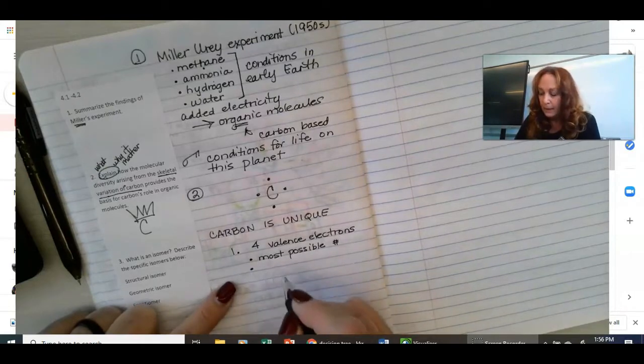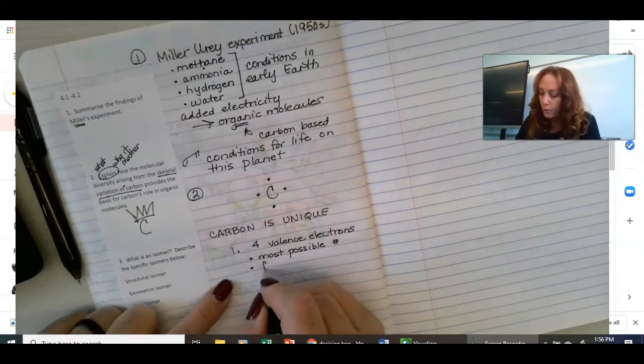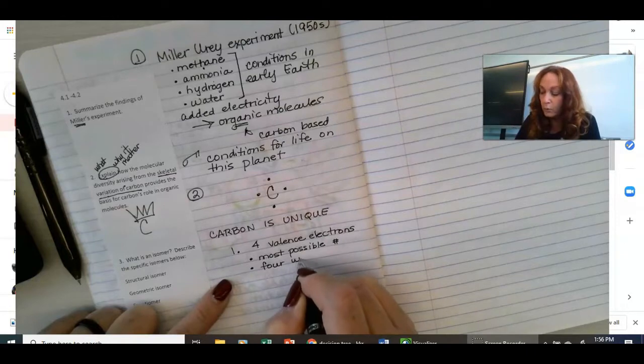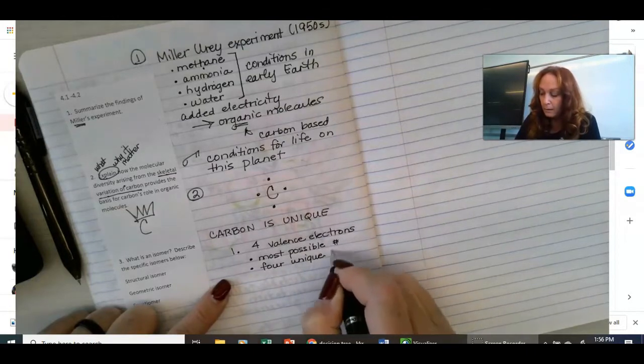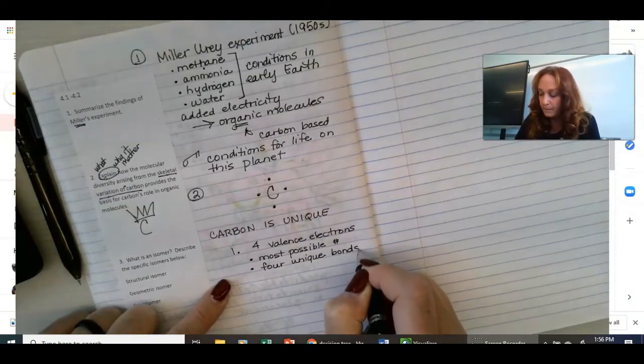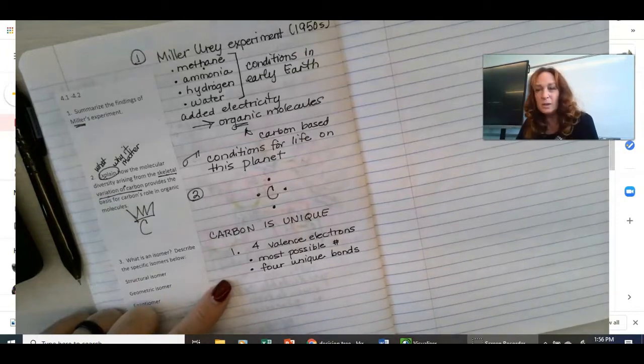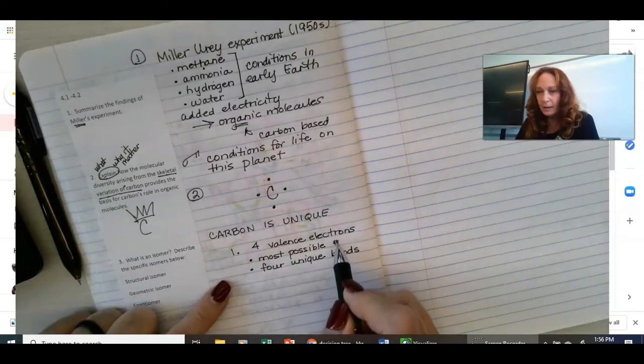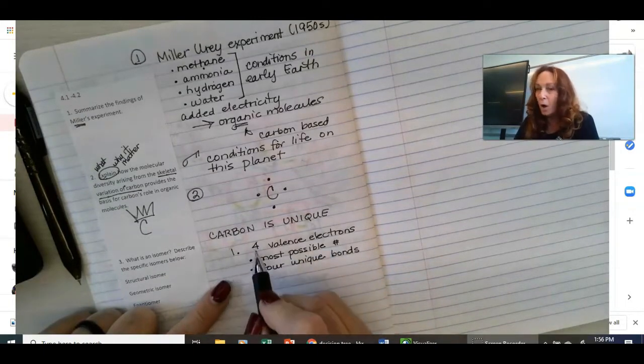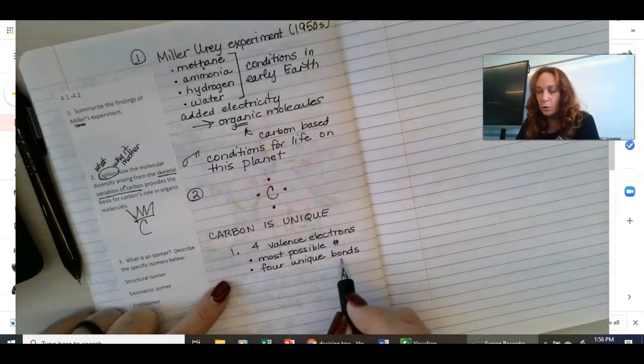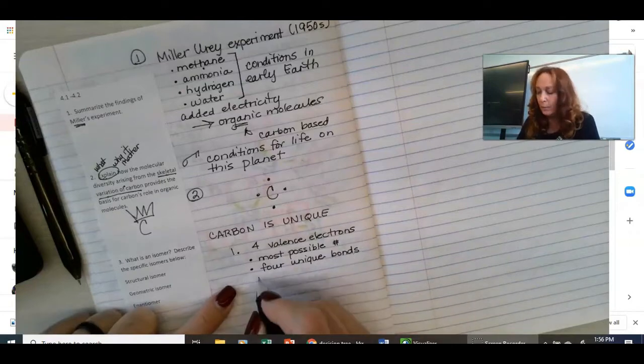It means that it can make 4 unique bonds. Basically, it is the Swiss Army knife. It can do just about anything. Because it has 4 valence electrons and it's small, it's going to be able to make 4 unique bonds that are stable.